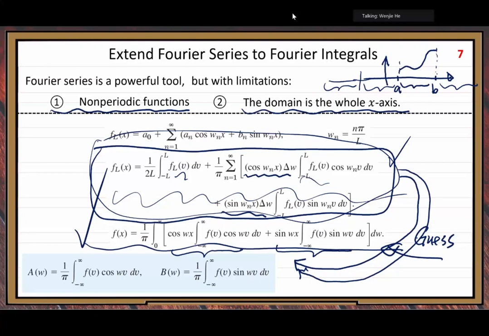Now we want to represent that little f function in terms of a special integral. This time we do not use the series way to represent it. A series is a summation, right?